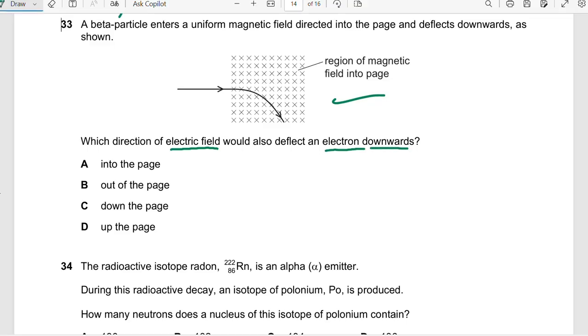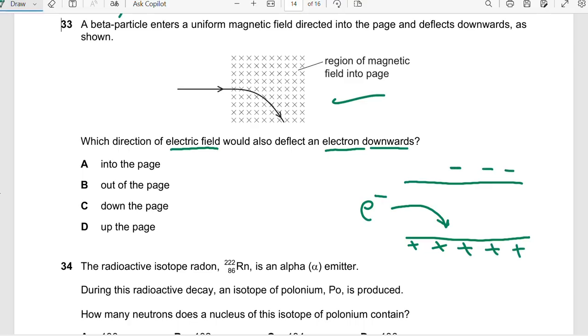The electric field will be between two charged plates. Since the electron is negative and they want the electron to go downwards, it means down here I have a positive plate and up here I have a negative plate.